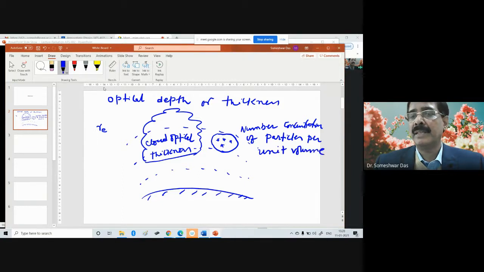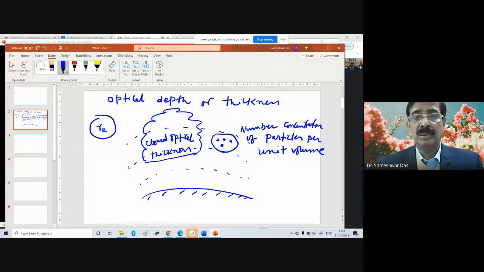That will determine the optical thickness or optical depth. For all those things, we have many factors to consider: the angle at which the radiation is incident upon the surface of that particle, the effective radius r_e of those particles, and many other things.